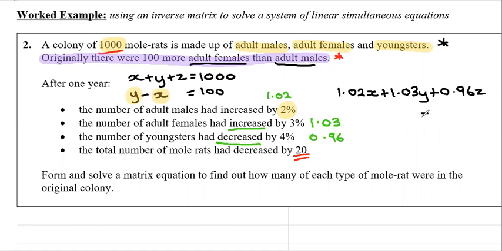Now, that is all going to equal 20 less than the original total. So that's going to be 1,000 subtract 20, which of course is equal to 980. So that's going to be our third equation.